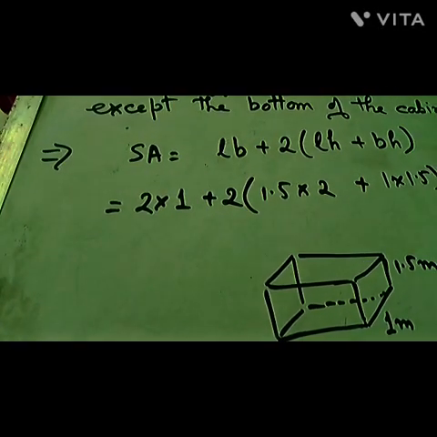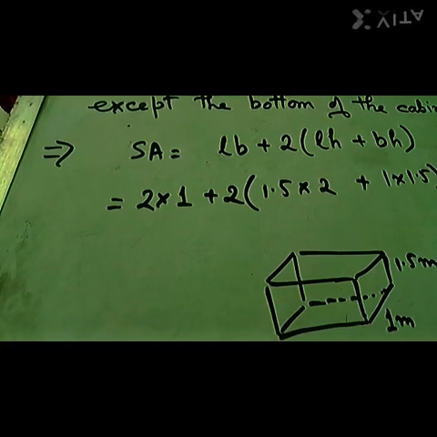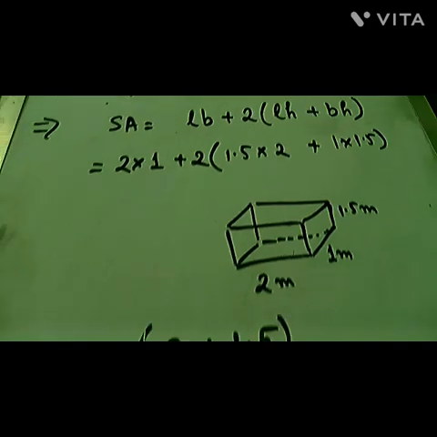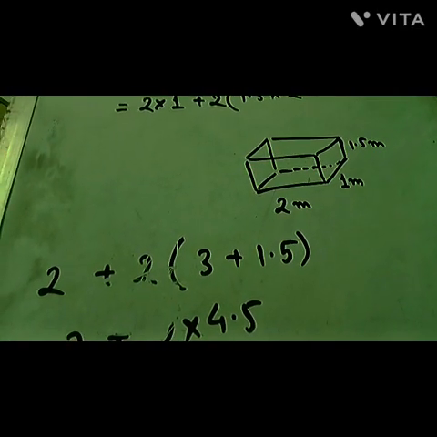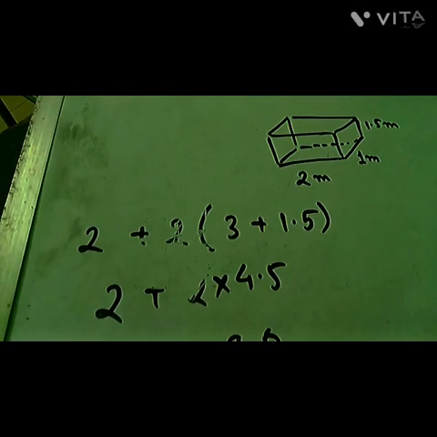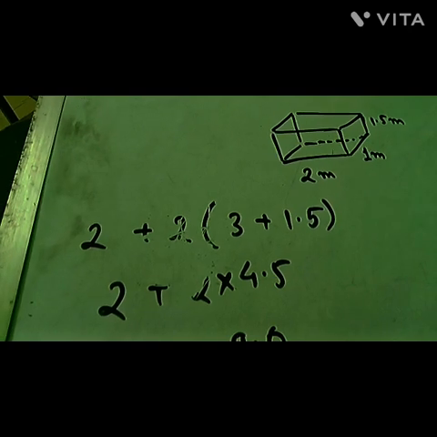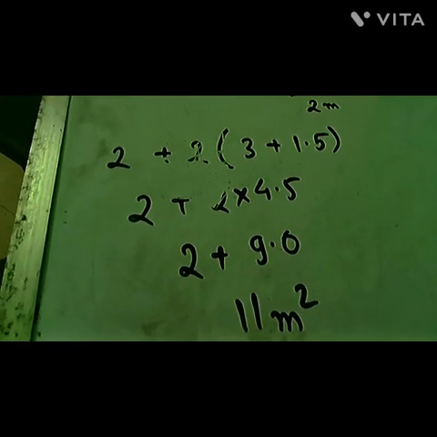So that is 2 into 1, length into breadth, plus 2 bracket 1.5 into 2 plus 1.5 into 1. 2 plus 2 bracket 3 plus 1.5, that is 2 plus 3 plus 1.5, which is 4.5. 4.5 into 2 is 9. 9 plus 2 is 11. So 11 meter square is the answer.